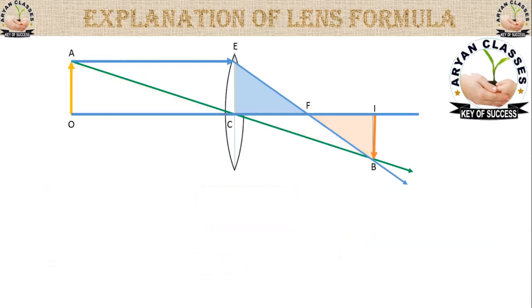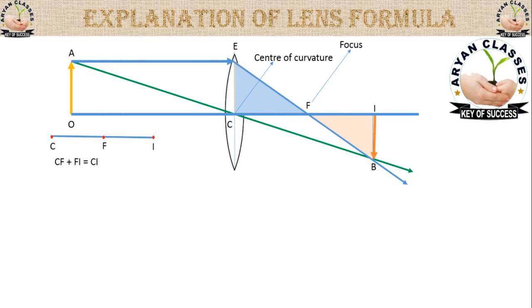For better understanding, we remove a part from the figure, which is a straight line. On the straight line there are 3 points C, F and I. Here C is the center of curvature and F is the focus.